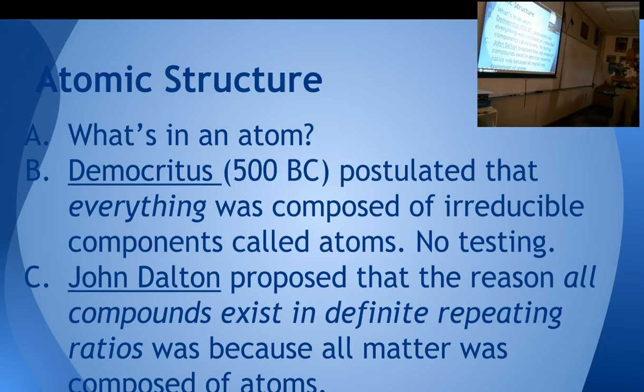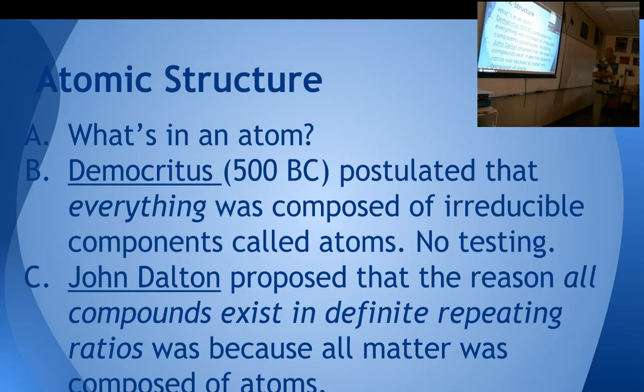There you go, Democritus. But of course, he had no way of testing this, because in 500 BC, they don't even have microscopes, much less scanning electron microscopes, or things that will allow you to see very, very, very small. And so this was all just philosophical reasoning. And he wound up being right, that everything's composed of these little tiny things.